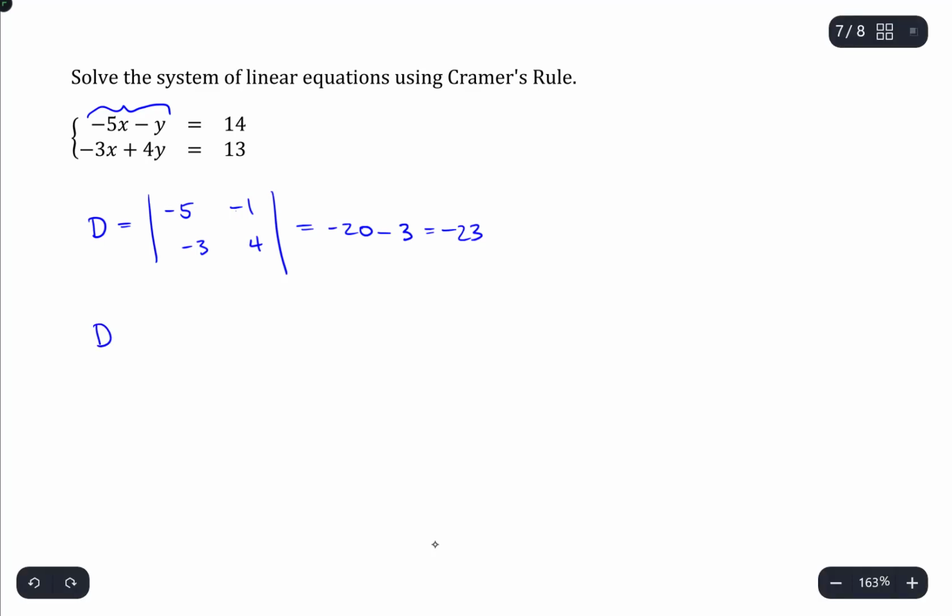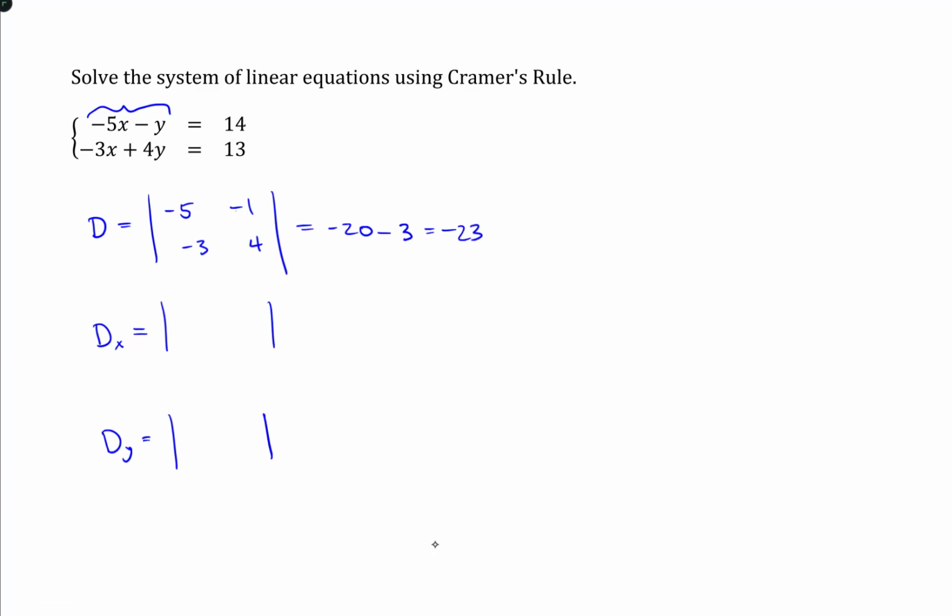All right, then we'll make two other matrices, D sub x and D sub y. What we do in this case to make these matrices is replace the x column with the constants, so 14 and 13 would go here.